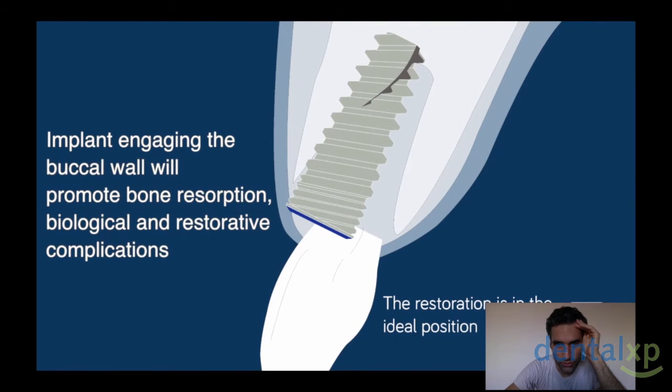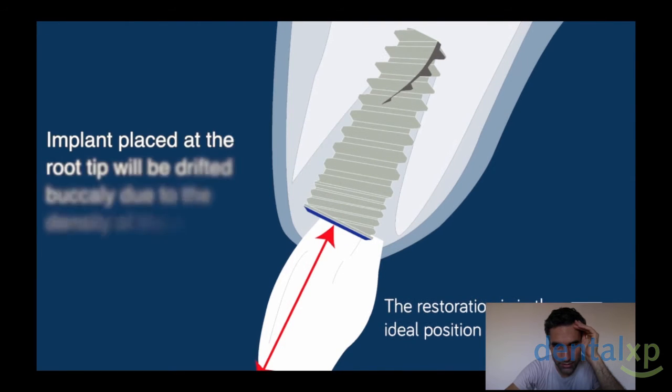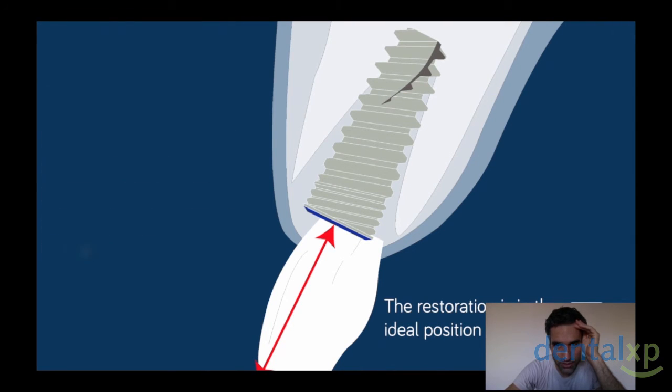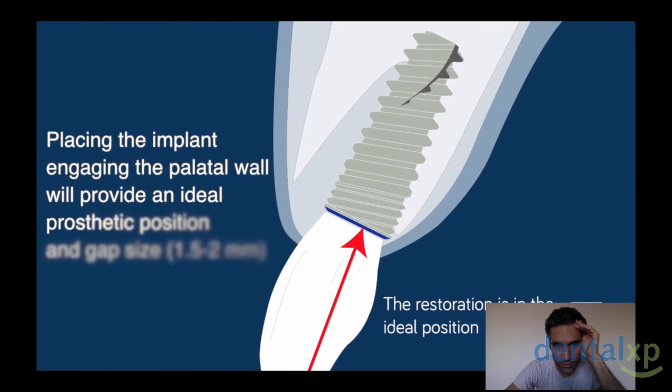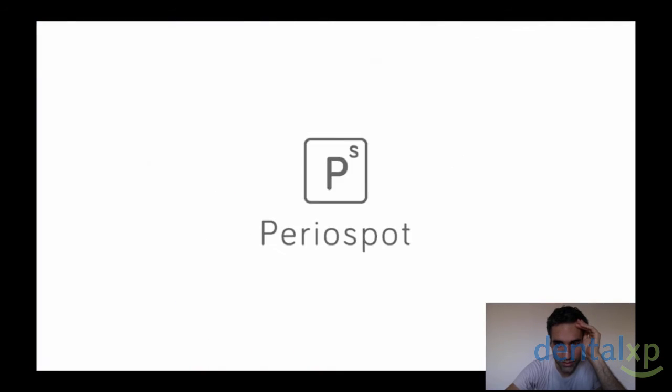This is very important, because if we don't do this, the emergence will not give us an aesthetic outcome. It's very important to place the implant toward the palatal, so we can have a proper emergence profile for our restoration. That's why it's so important to leave that gap and never engage the buccal bone wall.